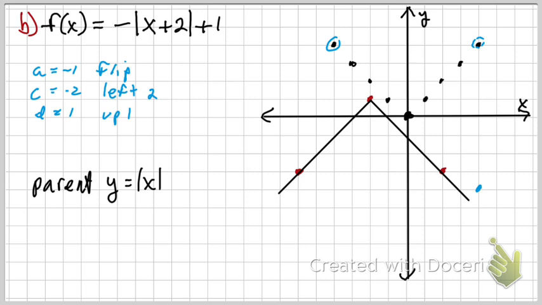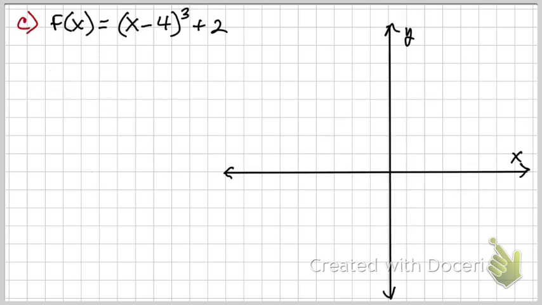So far we've had a squaring function, we've had an absolute value function. Let's see what we've got next. All right, the parent here is a cubing function.